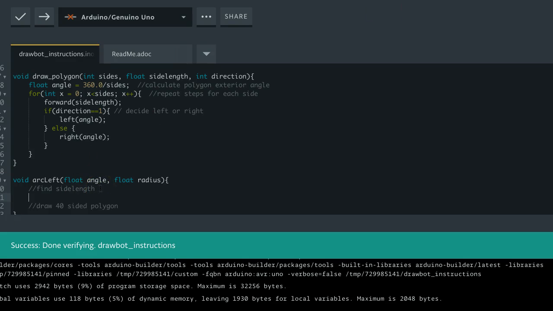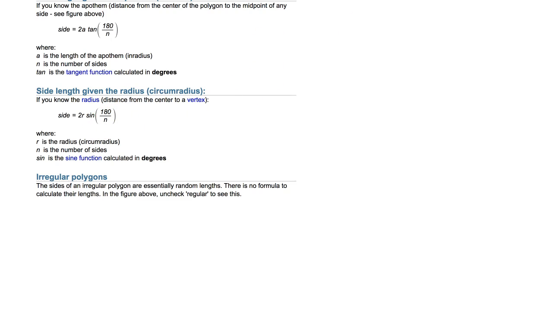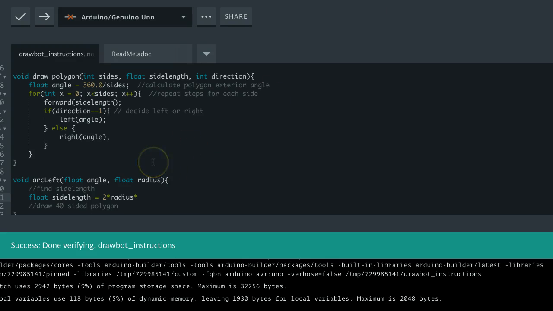We'll say float side length equals 2 times radius times sine of 180 over the number of sides, which in this case is going to be 40.